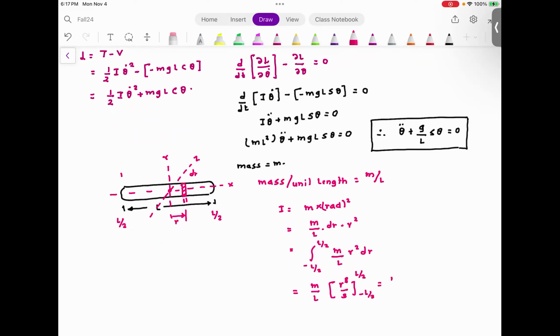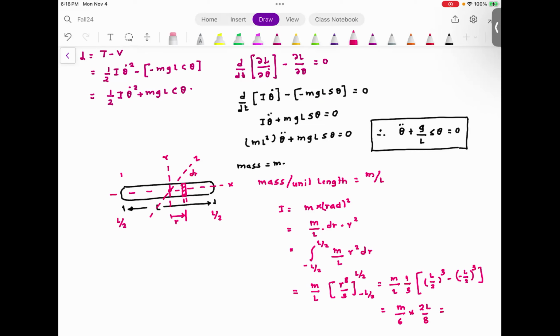So this expression becomes M divided by L, with 1 by 3 coming out, and then L by 2 cube minus minus L by 2 cube. So this becomes 2L cube by 8. So M divided by 3L multiplied by 2L cube by 8.